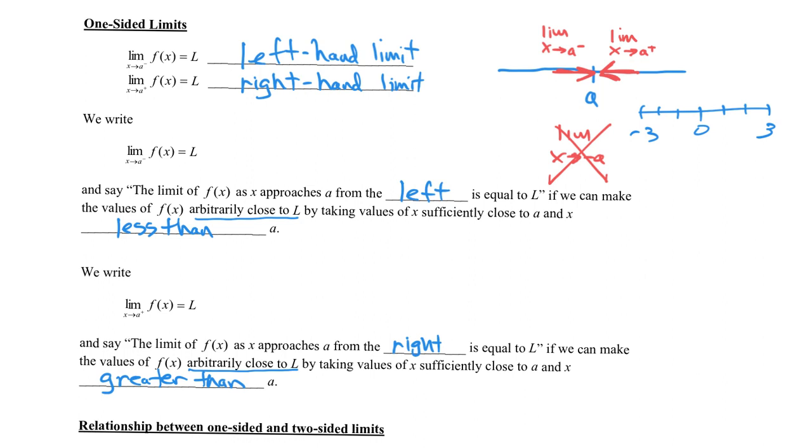We're just approaching from just one side. And we're still going to think of it as, I can make this function, whatever it is, as close to L as I want to. I can make it within a billionth of L, within a trillionth of L, as close as I want, just by getting x close enough to a, and in this case, less than a.